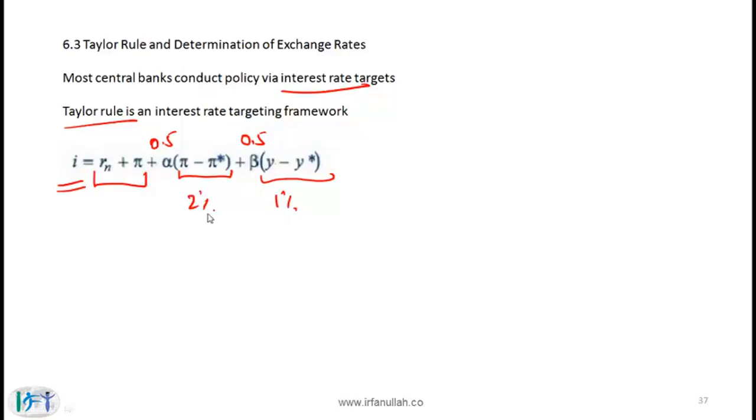And you can see that it is logical that if the economy is overheated, then the prescribed interest rate will be higher than Rn plus inflation. On the other hand, if these numbers are negative, then the interest rate will be relatively low, which will be a mechanism of boosting the economy.